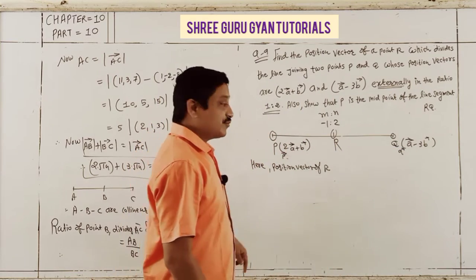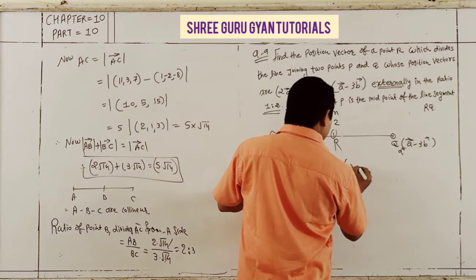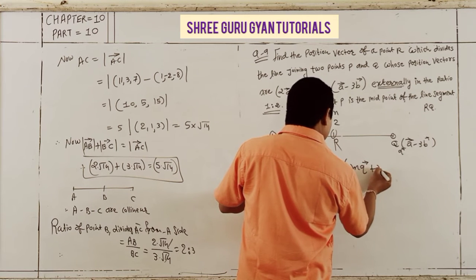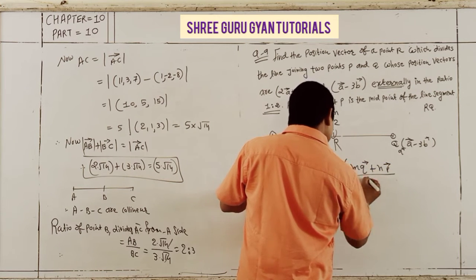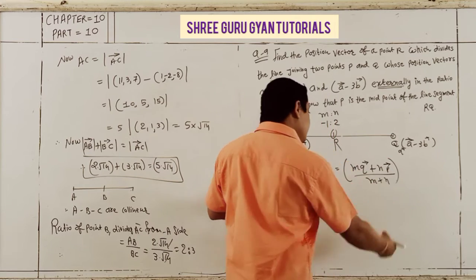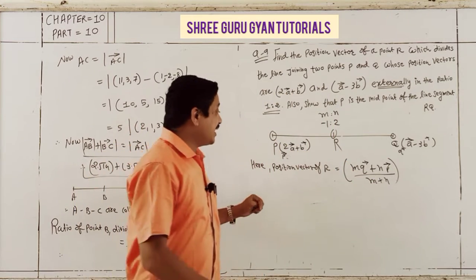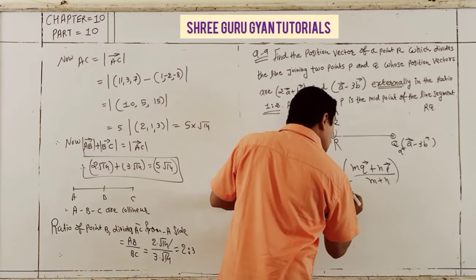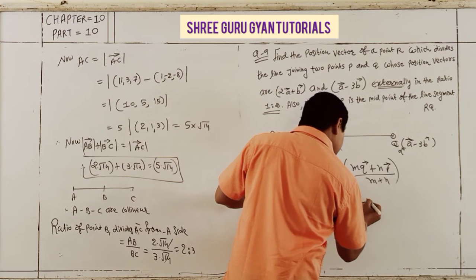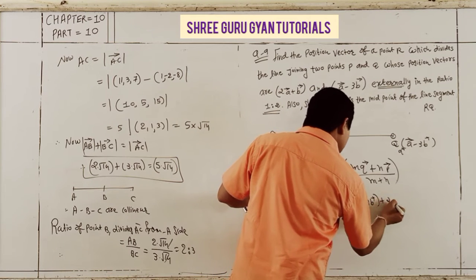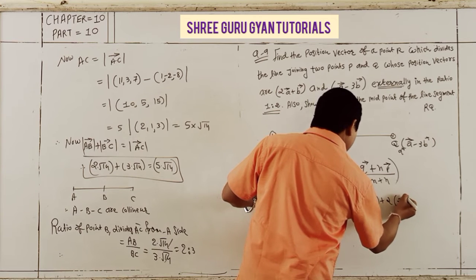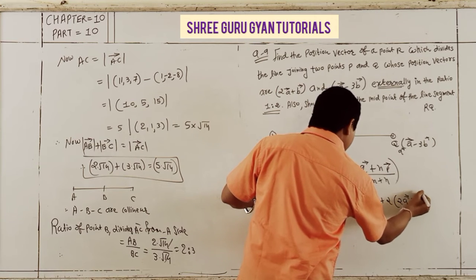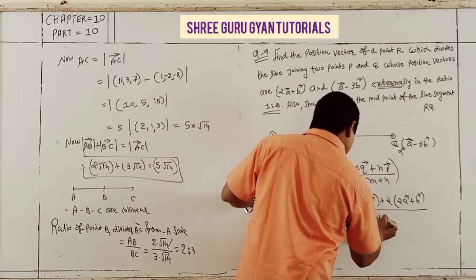So the position vector of R is m times the position of q plus n times the position of p, divided by m plus n. Now I have m as -1, q position is a minus 3b, plus 2 times p, which is twice a plus b, divided by -1 plus 2.